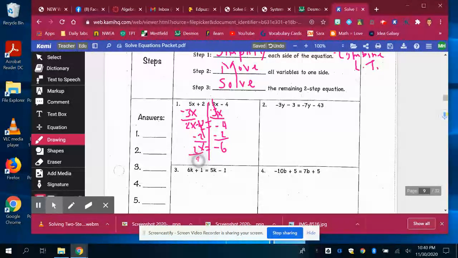I'm going to divide by 2. And I get x equals negative 6 divided by 2 is negative 3. So my answer for number 1 is x equals negative 3. Go ahead and pause the video and you try number 2.